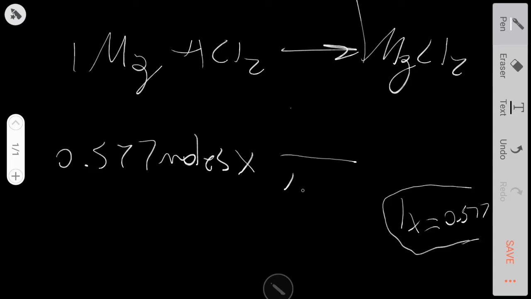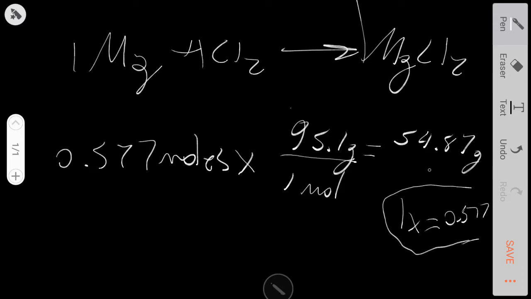So in 1 mole, how many grams are in MgCl2? We calculated that on the front on number 6. So we're going to multiply that by 95.1 grams, and that should give you an answer of 54.87. So that's how much product I'll be able to make.